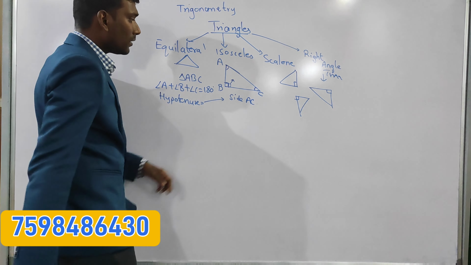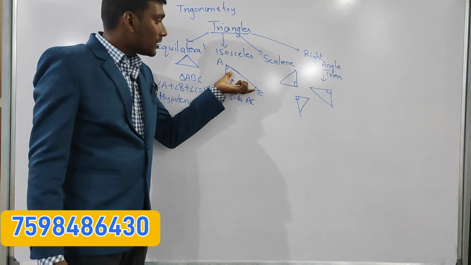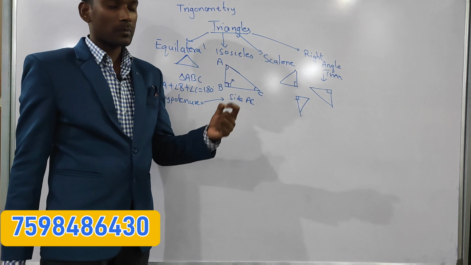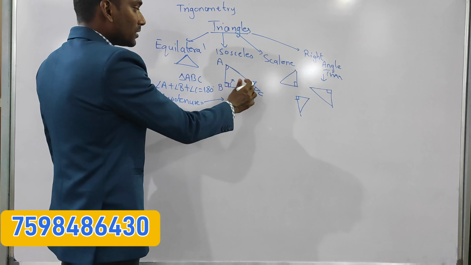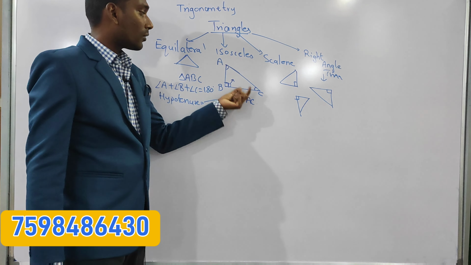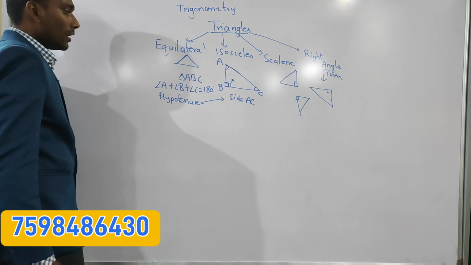One more property: the hypotenuse will be the largest side of the right angle triangle.